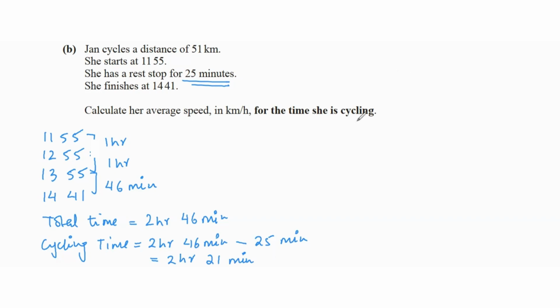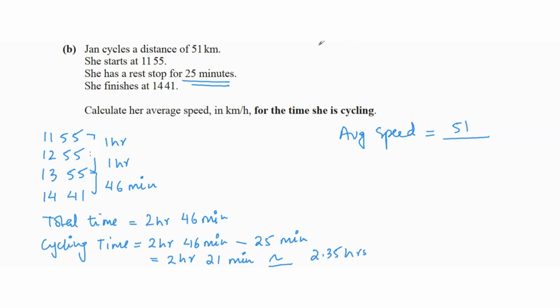So now we can find the average speed, which is total distance, 51 kilometers, divided by the total time. That's 2 hours, 21 minutes. So 2 hours, 21 minutes in just hours is going to be 21 divided by 60 plus 2. So 21 divided by 60 is 0.35 plus 2 is 2.35 hours.